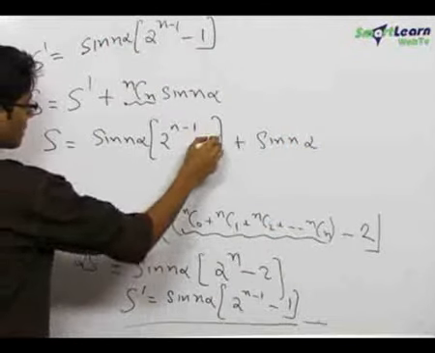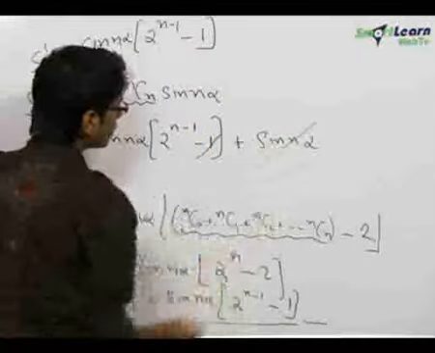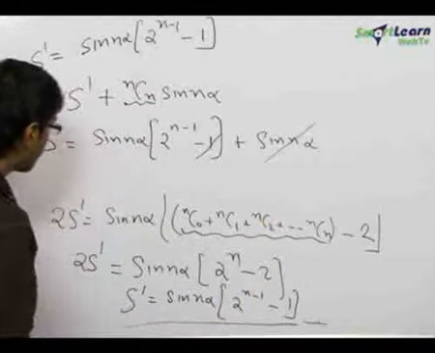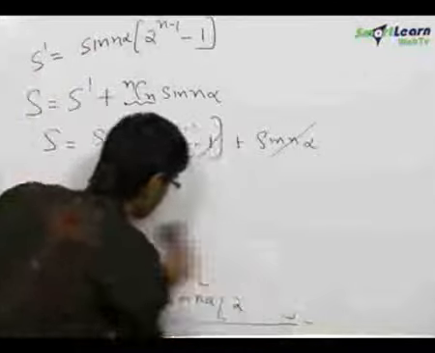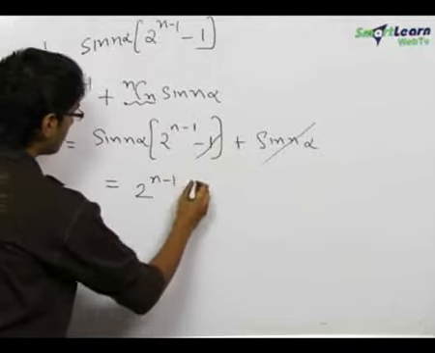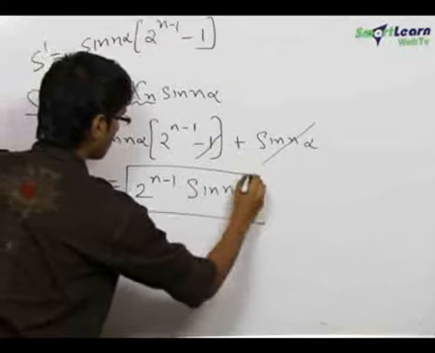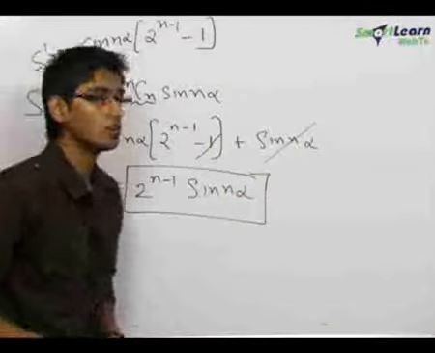Now this minus sin n alpha gets cancelled out with this plus sin n alpha, and what we are left with is 2 power (n minus 1) into sin n alpha, which is the required answer.